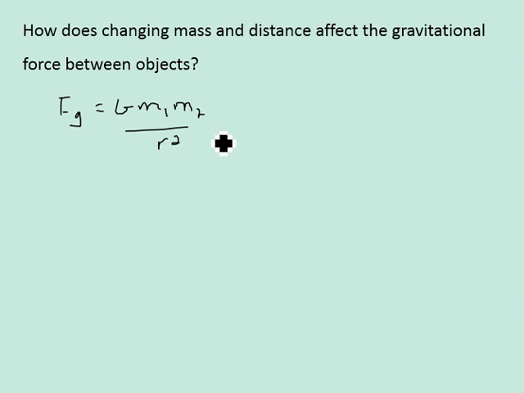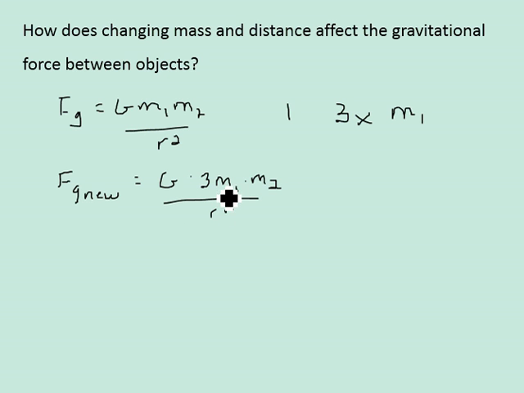What would happen to the size of the force? What would the gravitational force be if we took one of the masses and made it 3 times bigger? So we made it 3 times bigger, mass 1. Well, hopefully you would see that the gravitational force would increase, but instead of having to go and recalculate everything, sometimes what we can do is we can say, well, this new gravitational force with this bigger mass and everything else staying the same is going to be G times 3m1 times m2 divided by r squared.